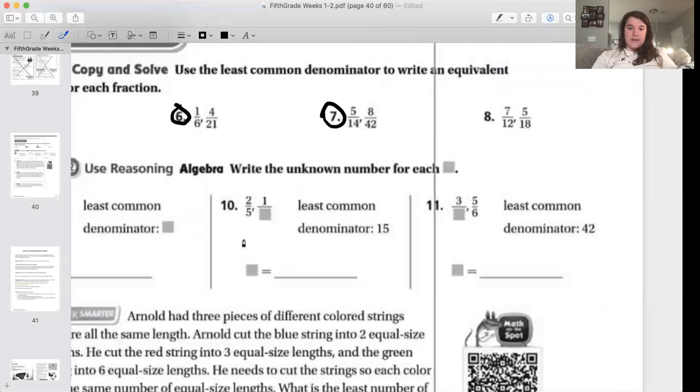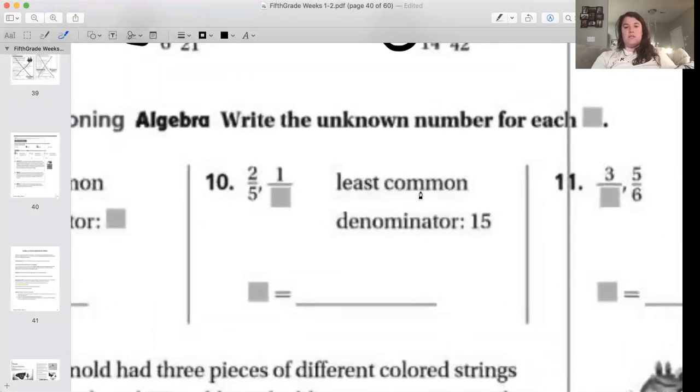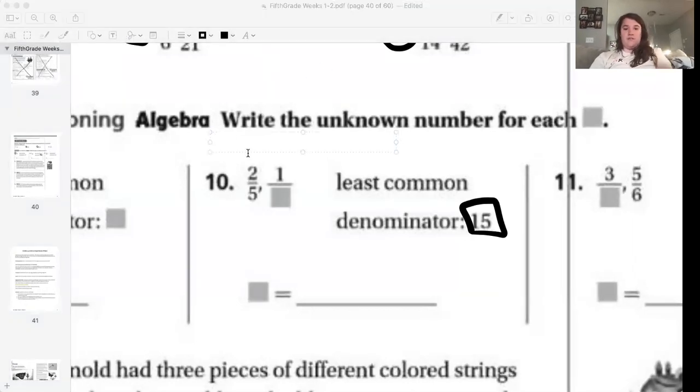For number 10, you have to kind of look. So what would be the least common denominator for the number 15? It's going to be something that's a multiple of 5. We know 5 gets us 15. So if I did 5, 10, 15. Okay, so I could think, what about 2? 2, 4, 6, 8, 10, 12, 14. So 15 is not in that one. I could think 4, so I could list by 4s. So actually, let me get a new text box. I'm kind of just checking.